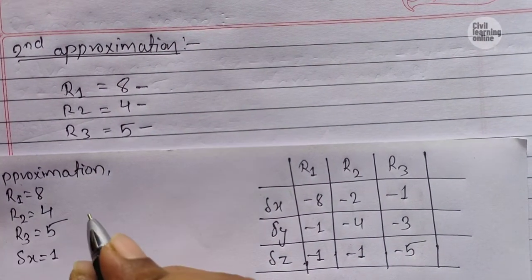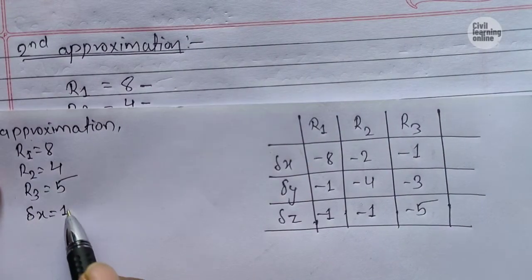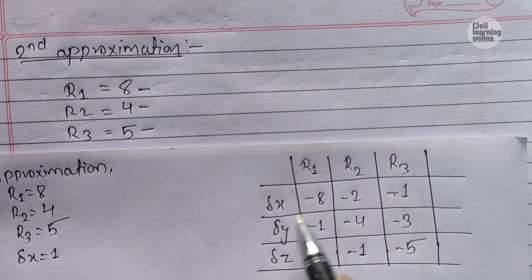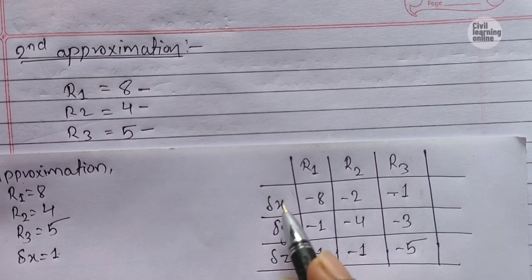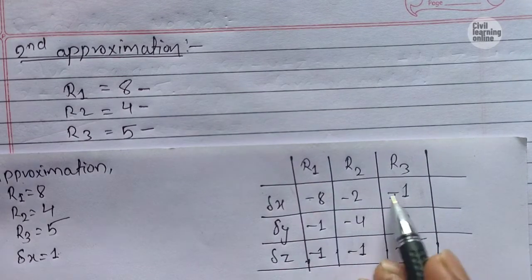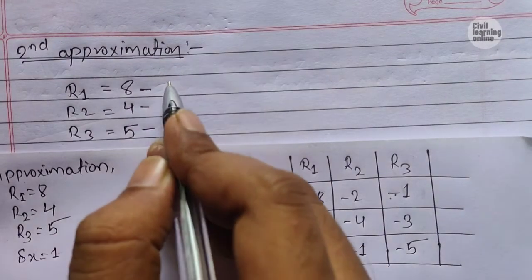Now, as in first approximation we got the del x value, we will move for del x in second approximation. While moving on for del x in second approximation, we have to take the opposite sign of each and every element. Here we have -8, so we will write 8.